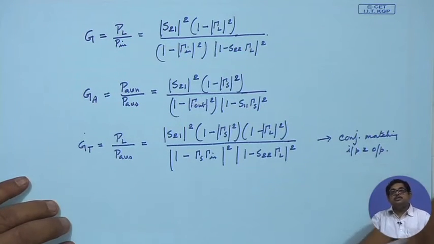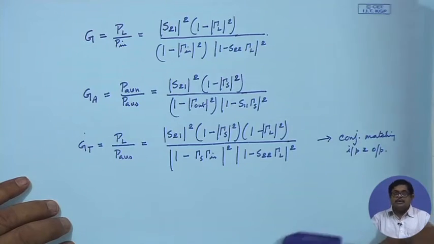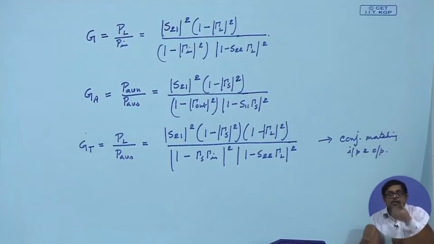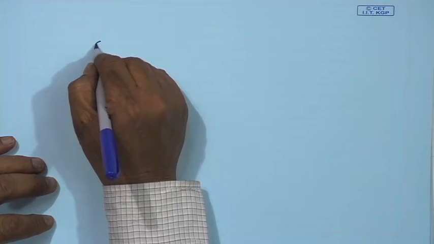But always we do not do such stringent matching, because we need to know the loading conditions, source impedance and load impedance, to do this conjugate matching. Sometimes instead an easier one is done, that is just simple matching.